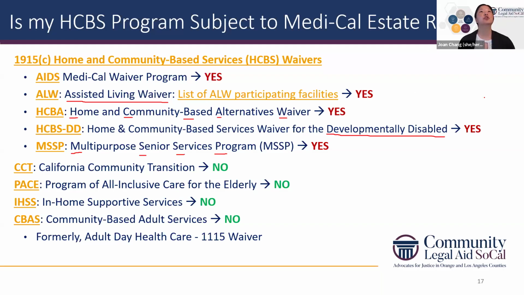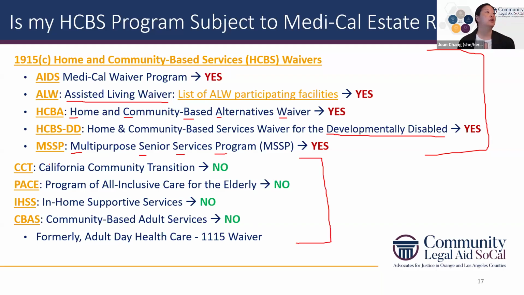All of these, unfortunately, legally, statutorily, the state of California can potentially go after your estate and recoup the cost, simply because the cost of these waiver programs is really high. And if California can go after and try to recoup that money, they're going to try and do so. But keep in mind, these programs are safe.